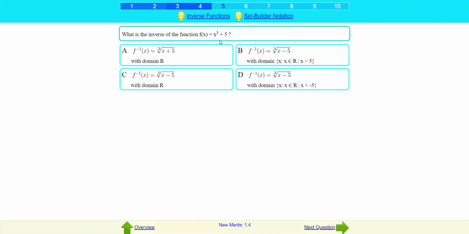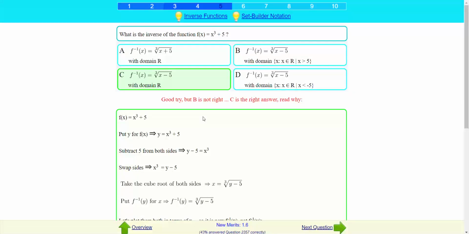And it has to be that the values under the square root are zero or positive, so it should be bigger or equal to 5. The domain of x is greater than 5, that's for sure.